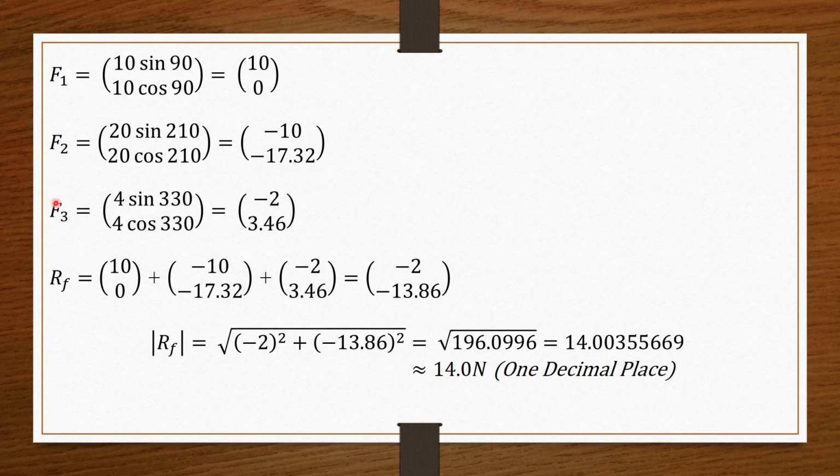For F3 I have 4 sine 330 for horizontal component and 4 cos 330 for vertical component, and I have minus 2 for x and 3.46 for y.